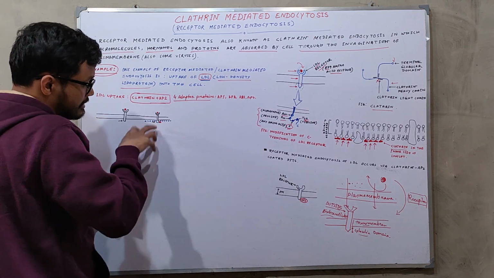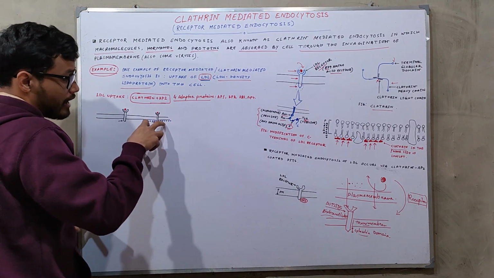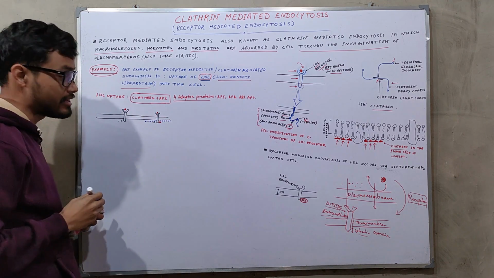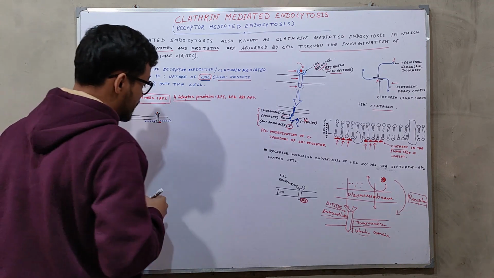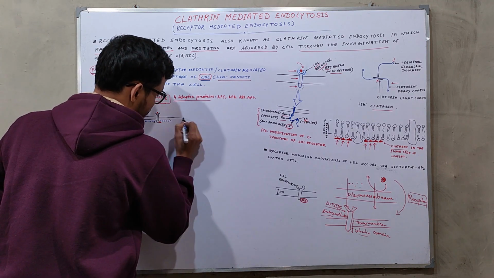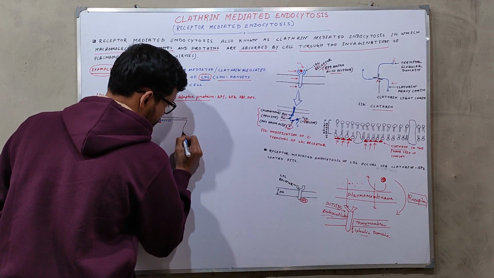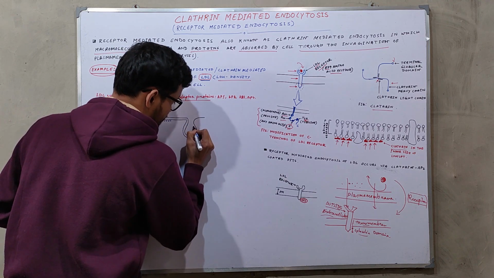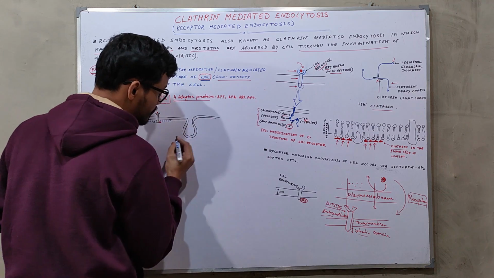Whenever these clathrins along with this AP2, the adapter protein, accumulate inside of the plasma membrane, then the plasma membrane invaginates itself and creates a vesicle-like structure like that, okay.